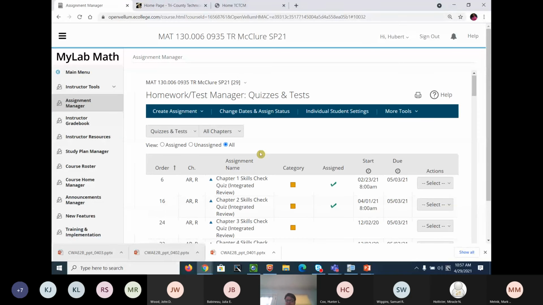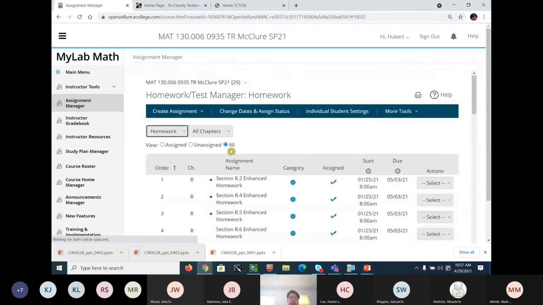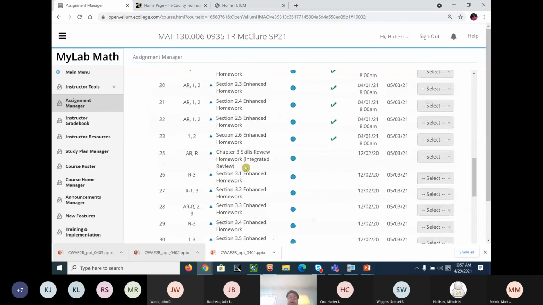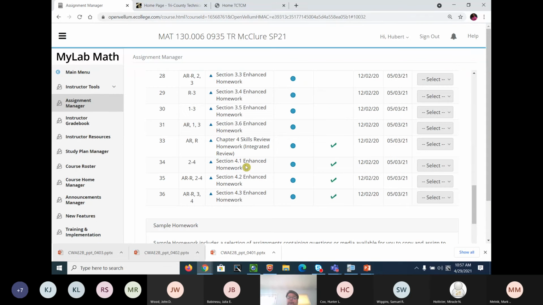Okay, so I'm going to take out 4.2 on the homework. That's why I tell students not to go ahead of me. 4.2, where is the homework? Oh. So I'm going to unassign 4.2.